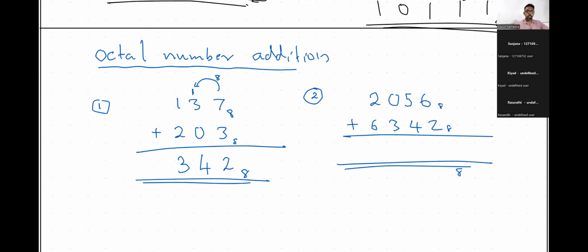We can't keep 8. We have to take those 8 to the next position as 1 circle. 1 point. Remain 0. 5 plus 1 is 6, plus 4 is 10. Take 8 to the next as 1. Remains 2, because the total is 10. Take 8. Remains 2.